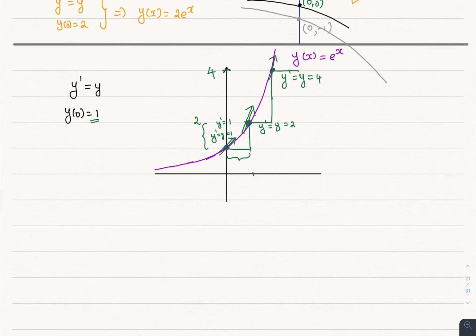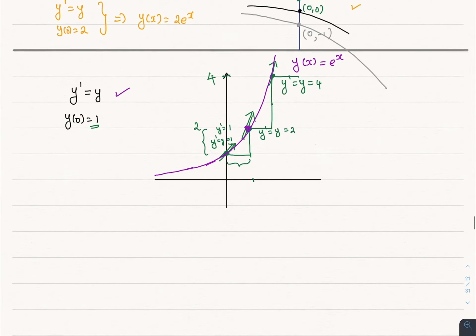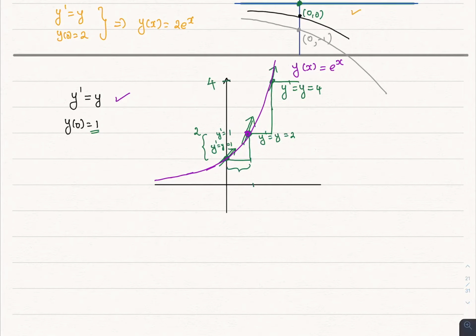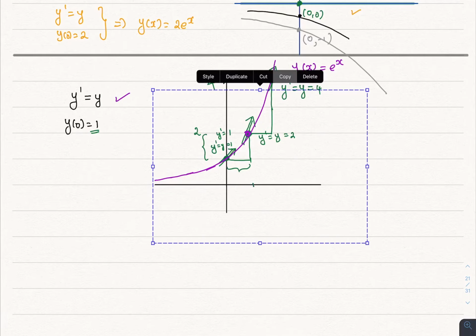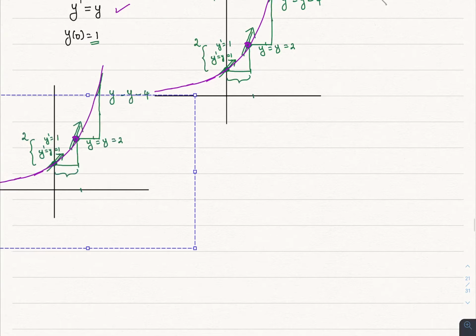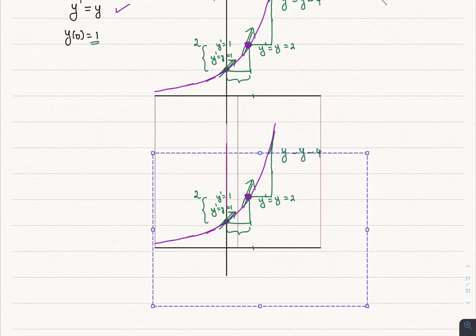So at any point for a given differential equation, we can say if the solution is starting at this point, how it's going to go. Think of it this way. The differential equations are like a GPS, right? It tells you, if this is a car, let me copy paste it. If this is a differential equation, right?